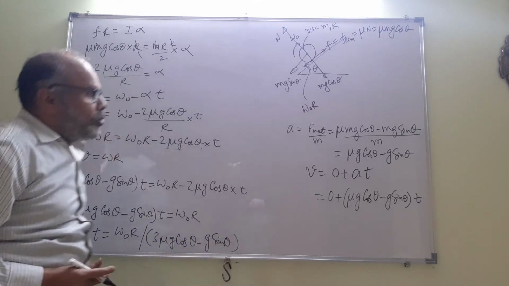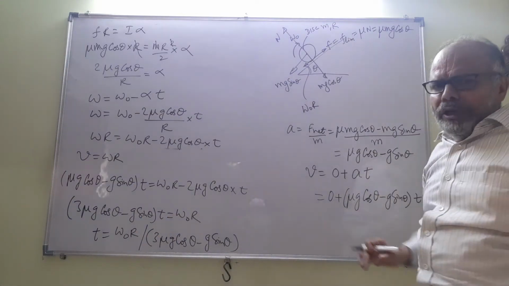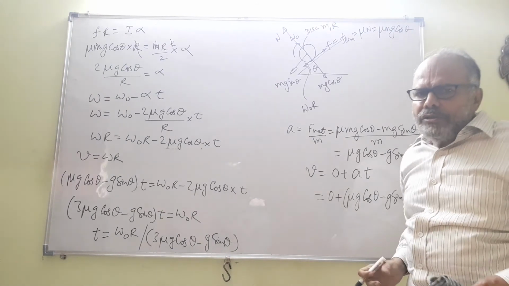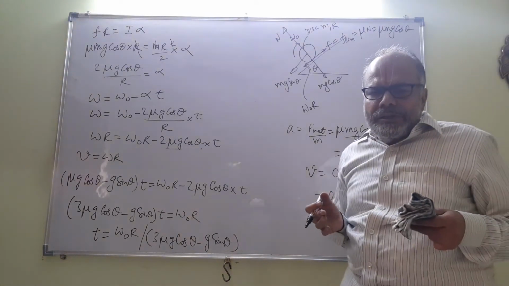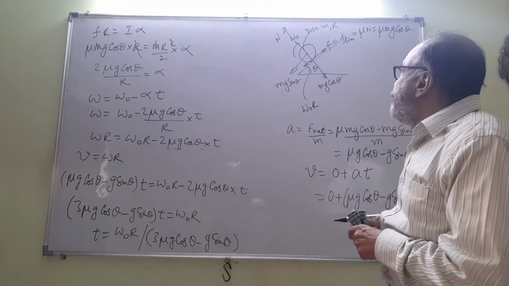That is the time at which pure rolling occurs. Now the moment there is pure rolling, friction for an instant at least should disappear because it has achieved what it wants.